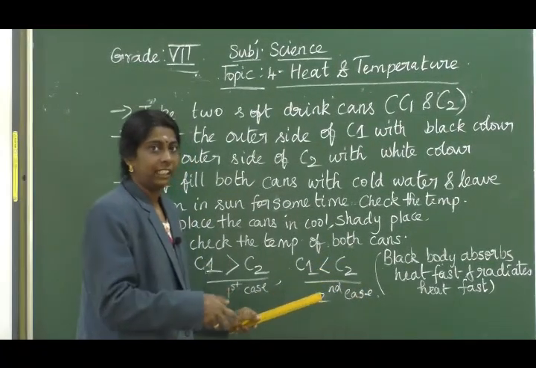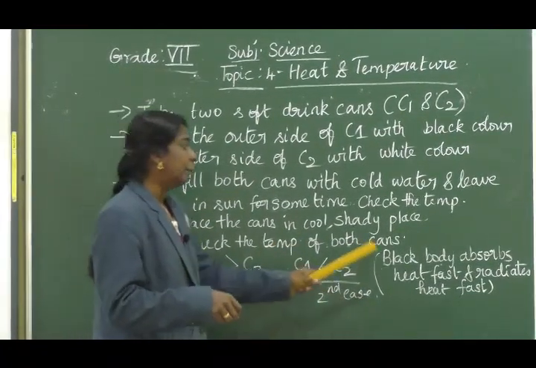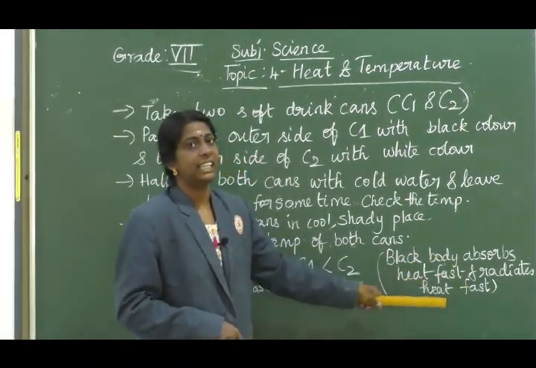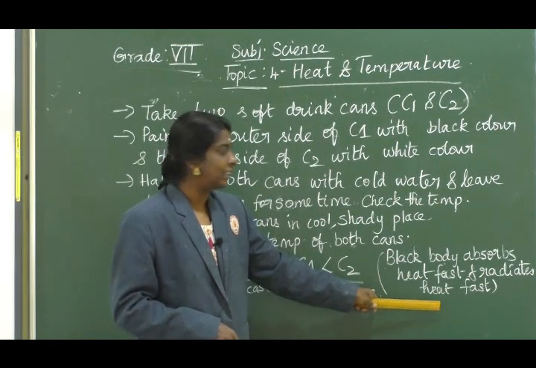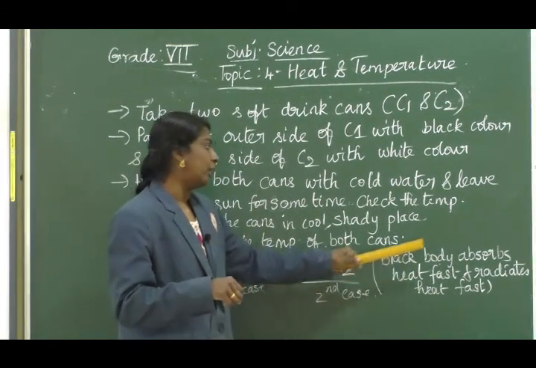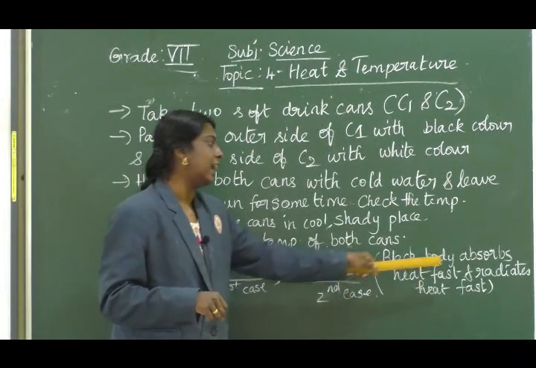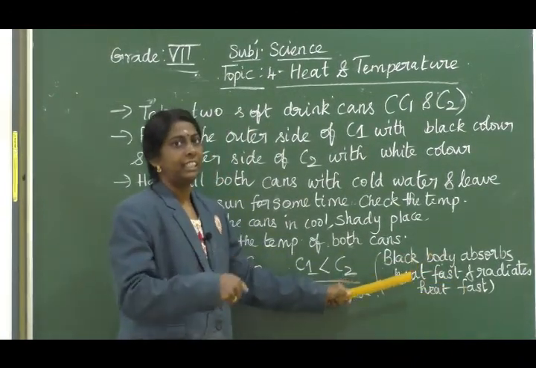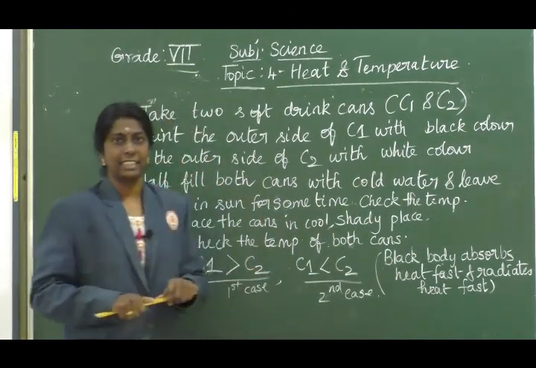So this activity clearly shows that a black body absorbs heat fast and radiates heat fast. Clear? I repeat, a black body absorbs heat fast and radiates heat fast. So do and show the activity. Just submit the result to your class email ID.